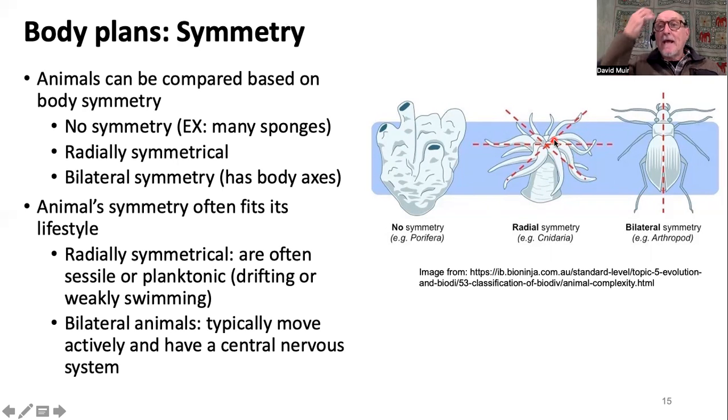They have no front, they have no back. It's very difficult, for example, for radially symmetrical organisms to develop a nervous system because they require equal sensory input from all around. As a result, they tend to have more simple nervous systems, which are often net-like and equal all the way around.